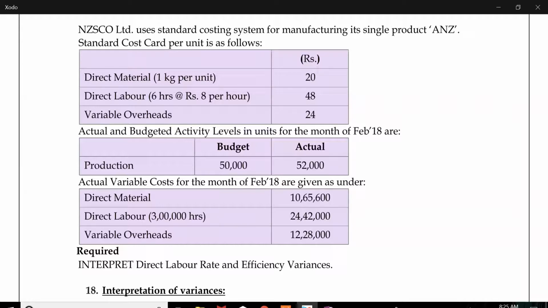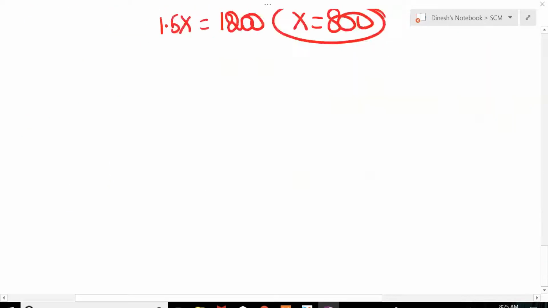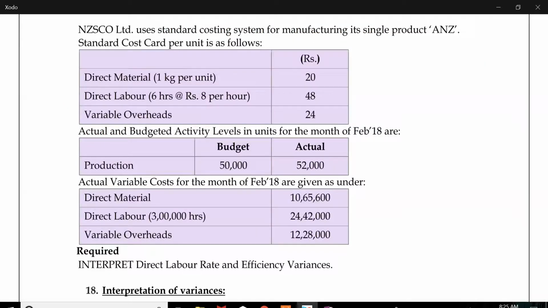Only the labor variances. Information is there to compute various variances. We just focus on labor variances.